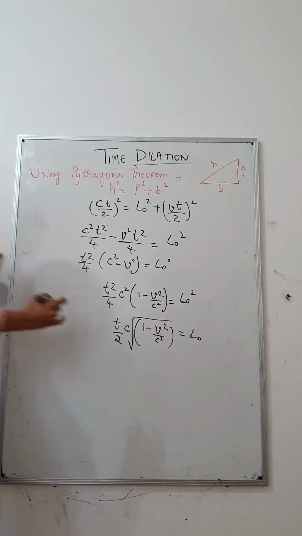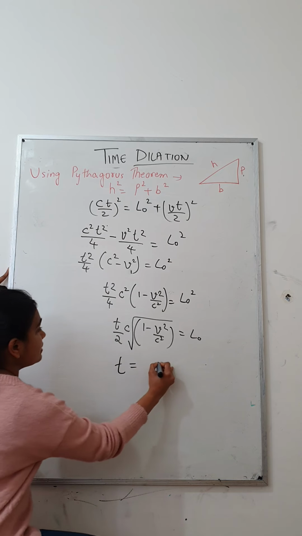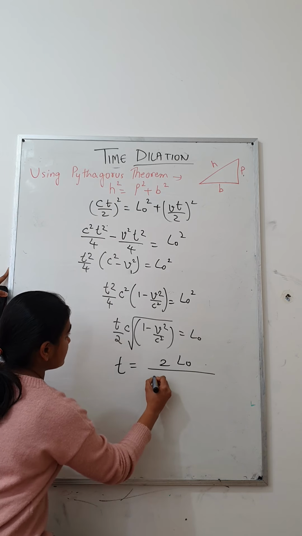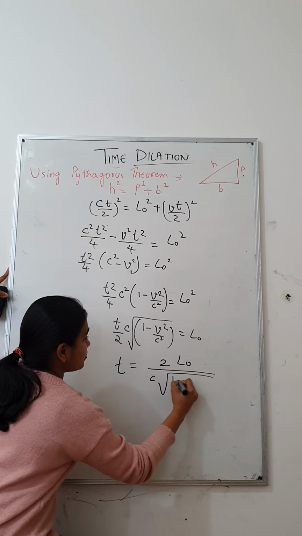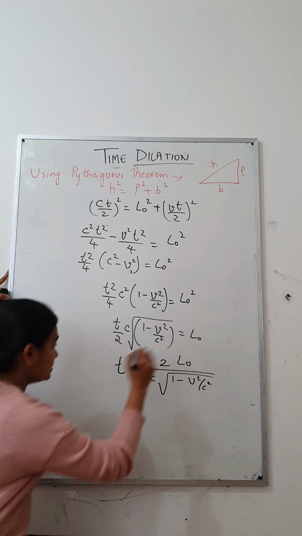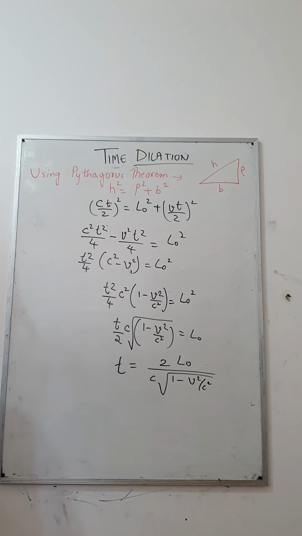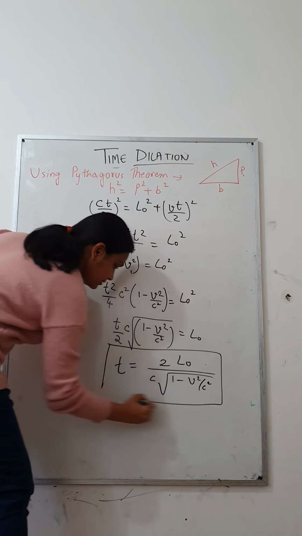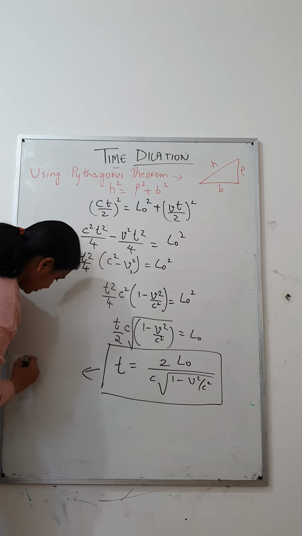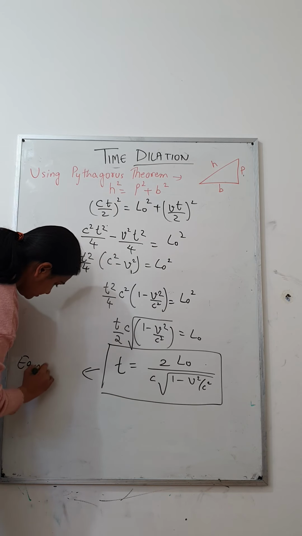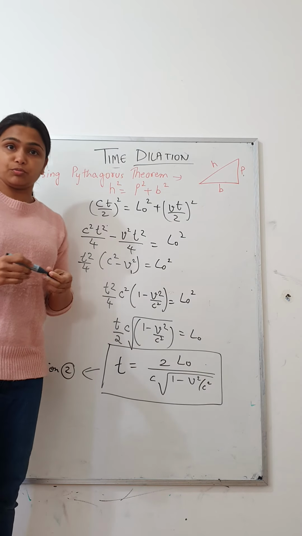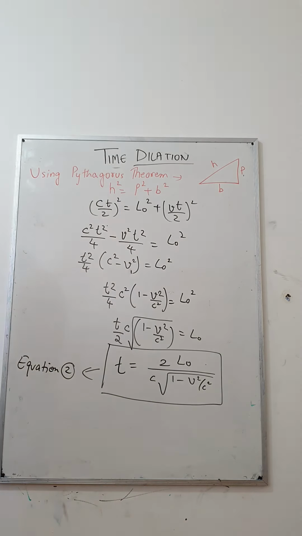Then t will be 2L0 divided by c root of (1 minus v square by c square). Let's name it equation 2. We are getting very close to the formula for time dilation.